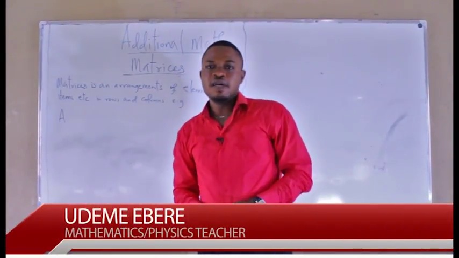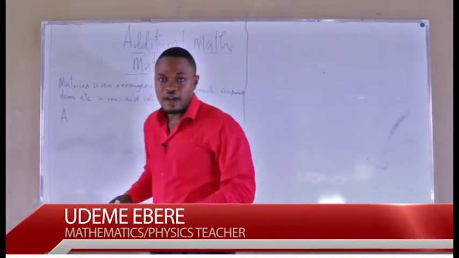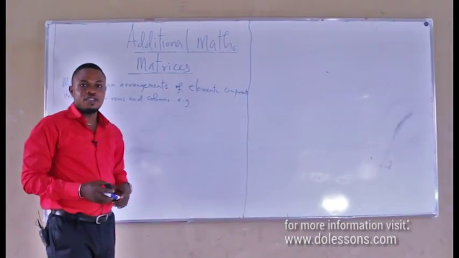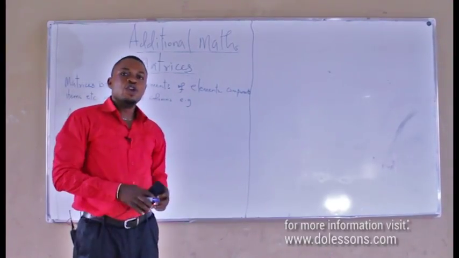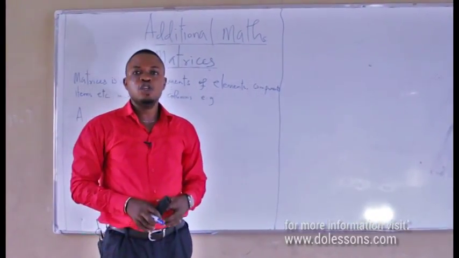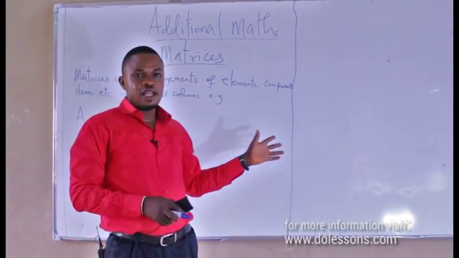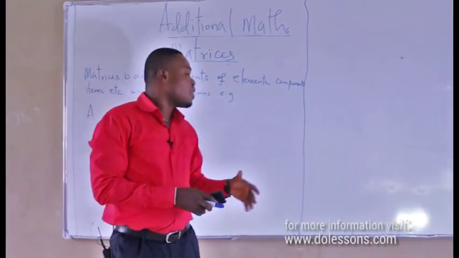In this additional mathematics, I'll be taking you on matrices. A matrix is an arrangement of elements, components, items, etc. in rows and columns. In matrices, we use capital letters to denote the matrix itself and small letters to denote the components of the matrix.